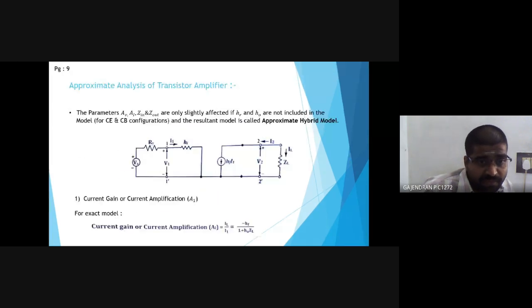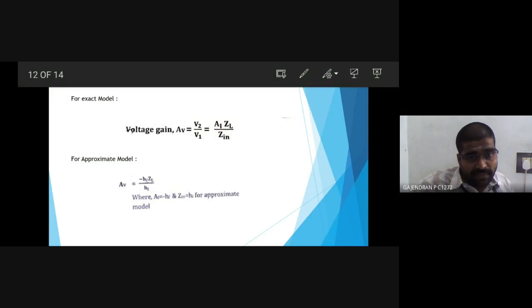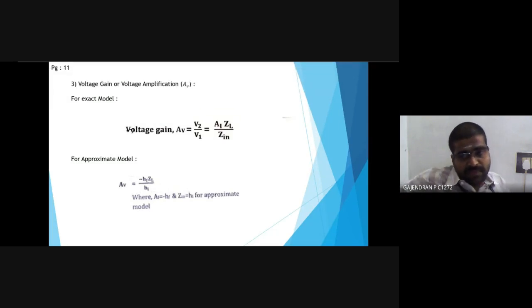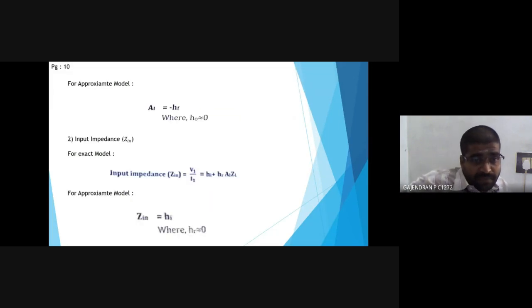We got the current gain for the approximate model as AI equal to minus HF. Just substitute minus HF in the place of AI, and for input impedance we got HI for the approximate model. Substitute these in the voltage gain, and you get the approximate model voltage gain.